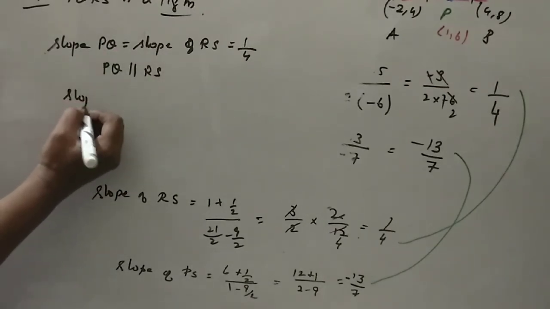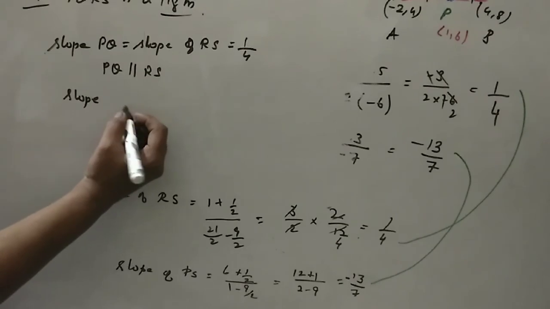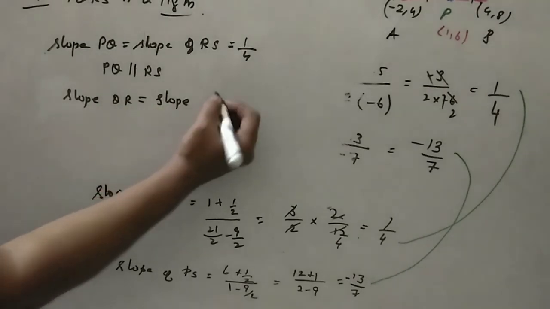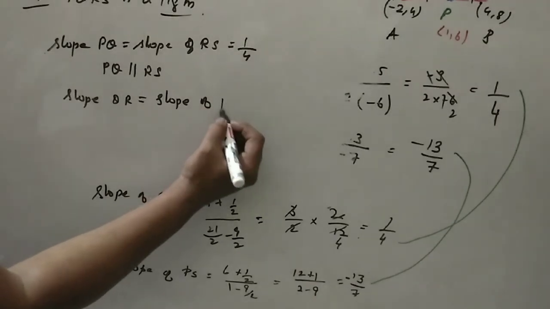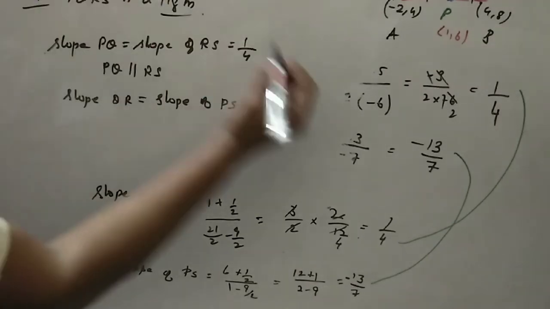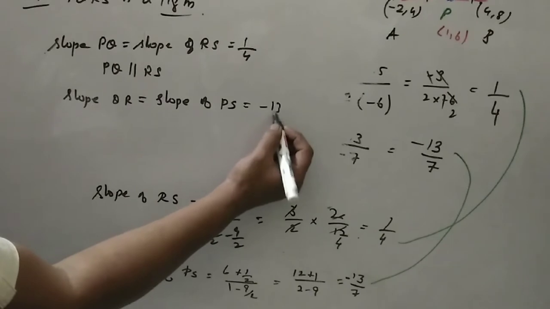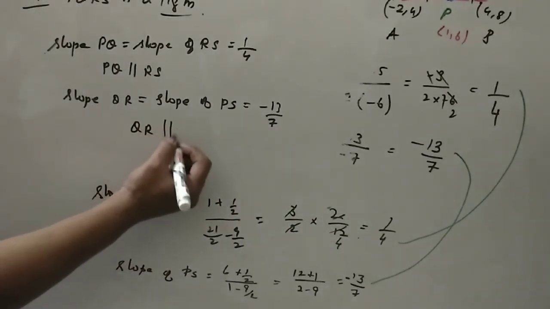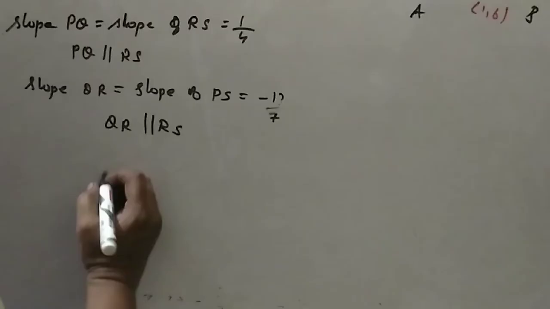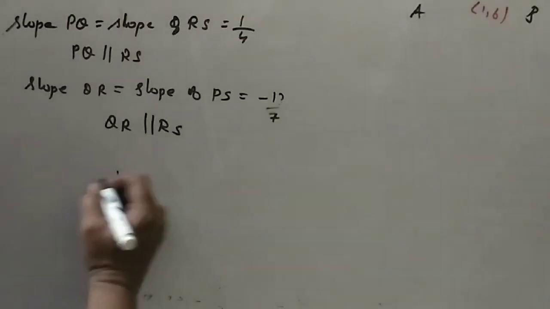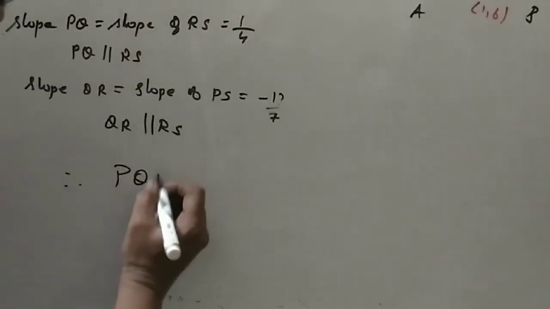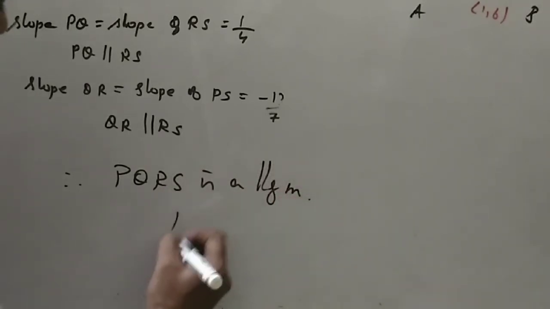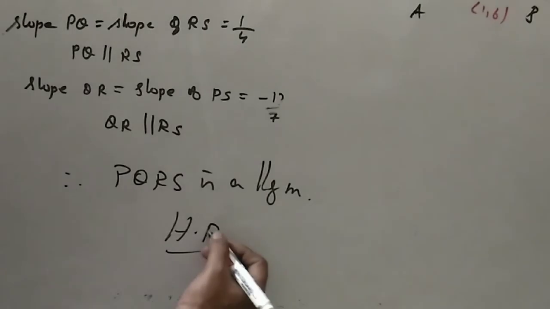Then slope of QR equal to slope of PS is equal to -13/7. Therefore, QR parallel to PS. Therefore, PQRS is a parallelogram. Hence, proved.